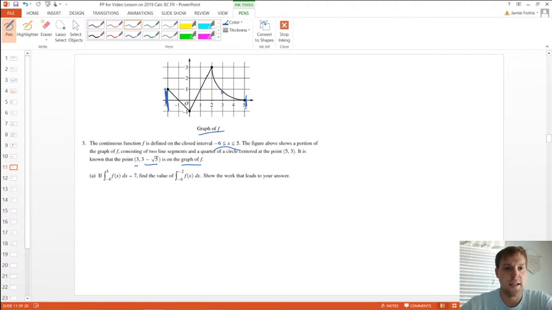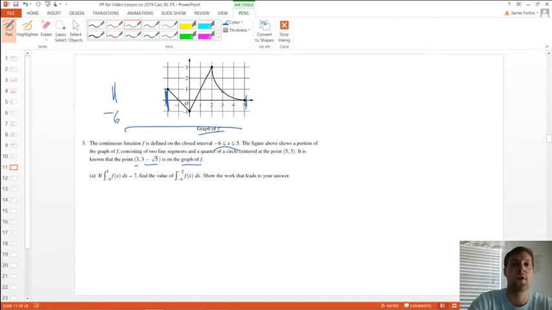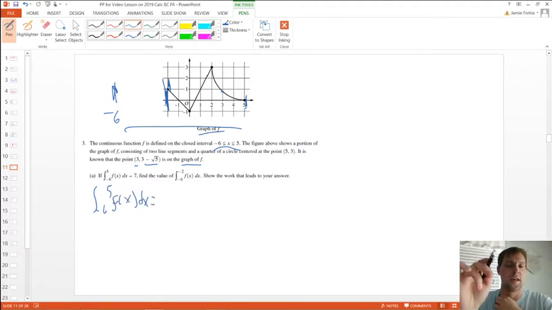So it says in part A, if the integral from -6 to 5 of f of x dx is equal to 7, then find the value of the integral from -6 to -2, that piece that's not on the graph, and show the work that leads to your answer. Well, this is just some simple ideas with integrals.